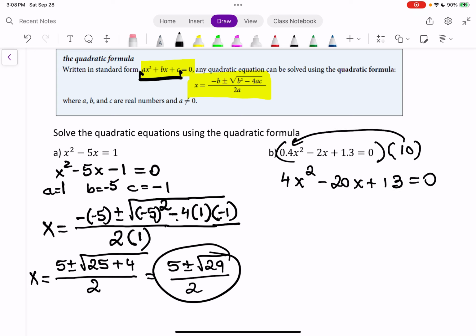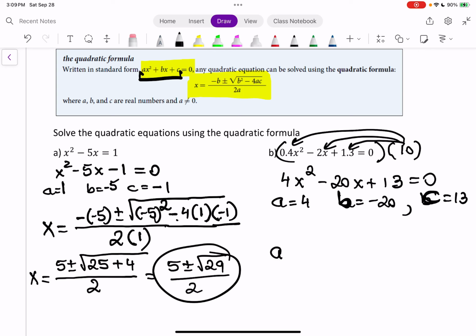So 0.4 times 10 is 4. 2 times 10 is 20. 1.3 times 10 is 13. So now I have much nicer numbers to work with. And the numbers are a is 4, b is negative 20, and c is a positive 13.